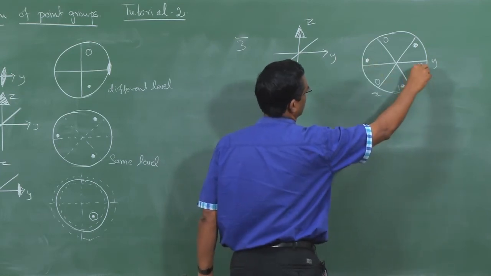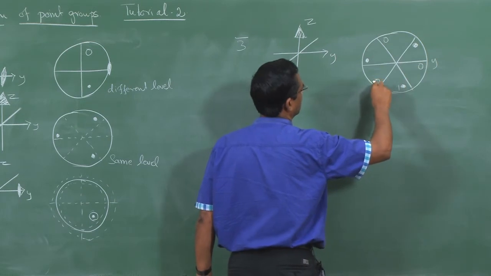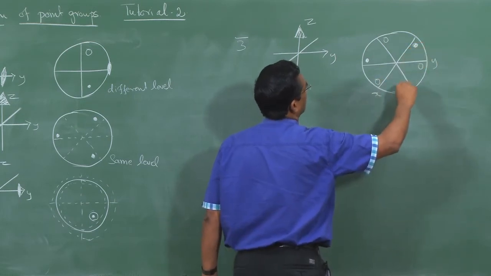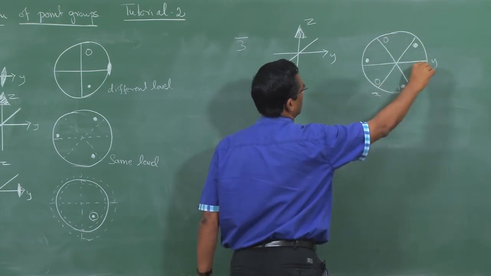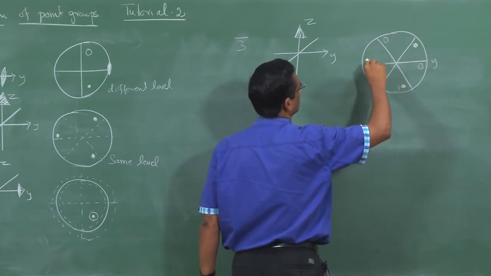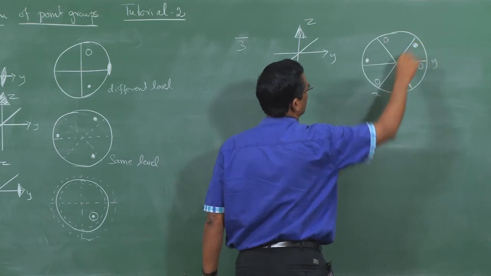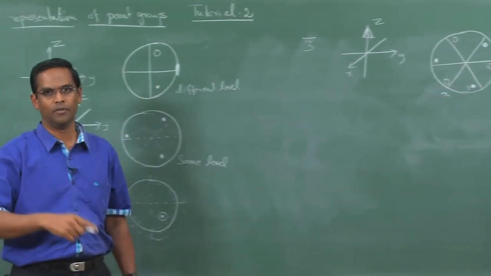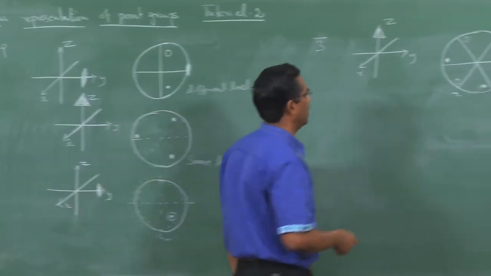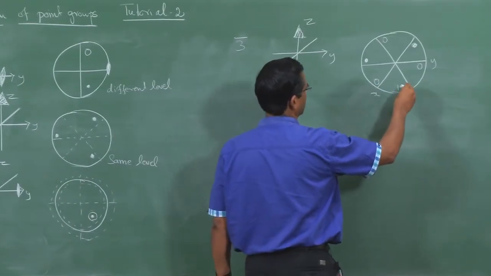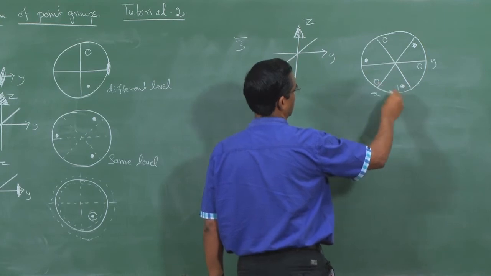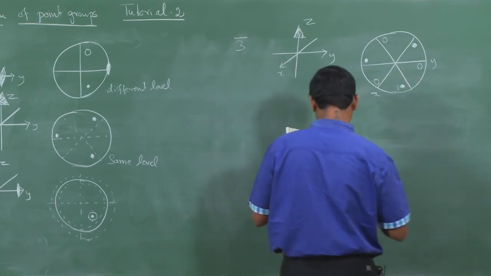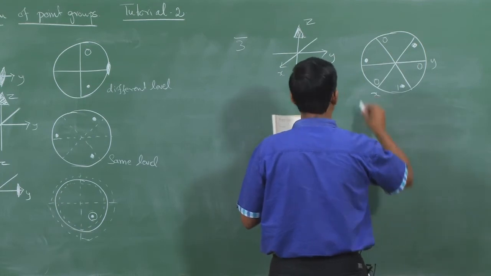So, it goes here, and 120 invert, again 120 invert, 120 invert. Like that it will keep on producing the equivalent points. This is at one level, this is at a different level. You can just follow this kind of notation.